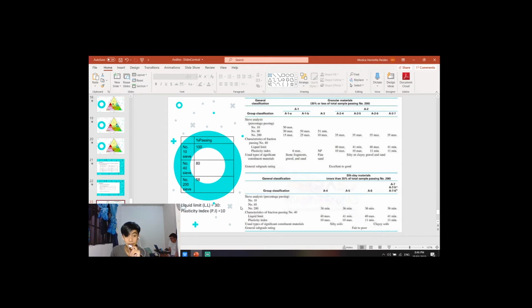So guys, sa plasticity index 10, dito na magkakaalisan na talaga. 10 max ba or 11 minimum? Oh, di ba? Pwede siya sa 10 max pero bawal siya sa 11 minimum. So 'yun, guys, alam na natin. Nakuha na natin yung general classification and ang ating group classification which is A-4.